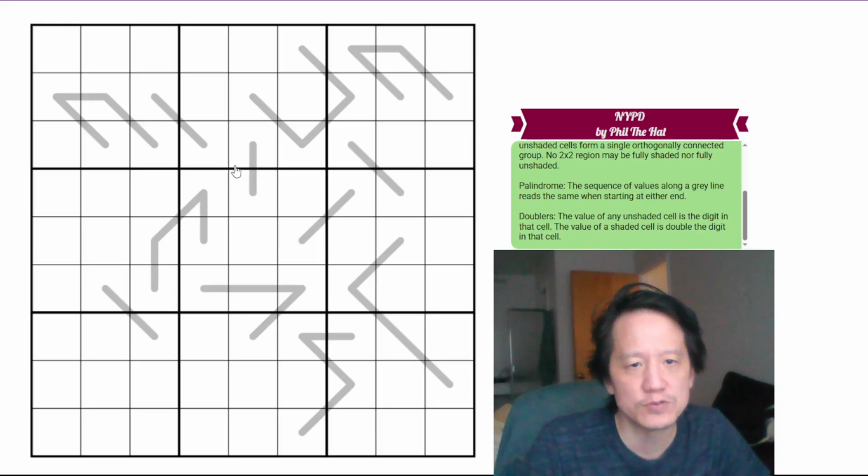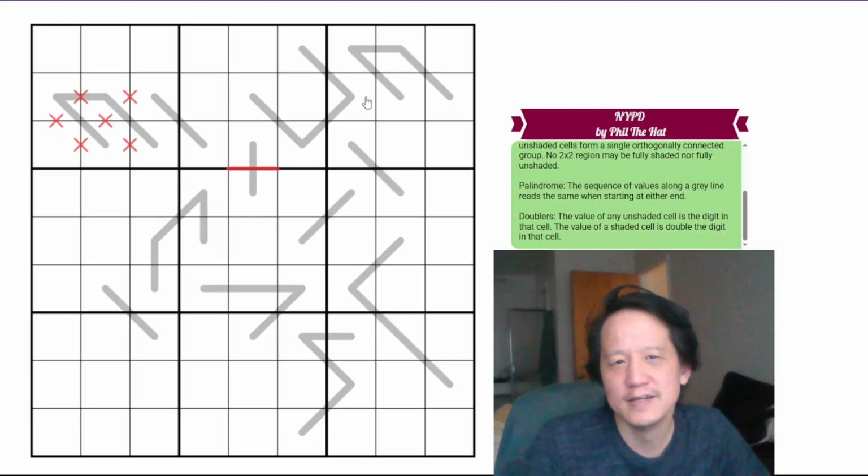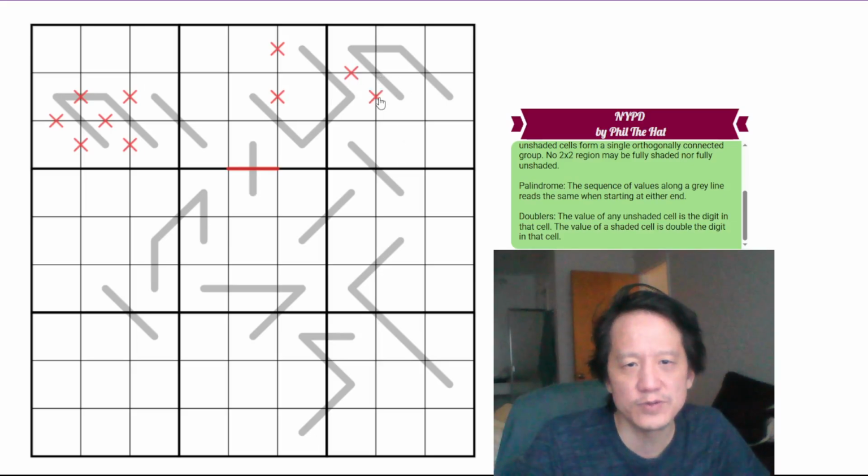Let's mark those as red. It's going to be hard to mark these. Let's mark these spots. These spots also. So these two are the same value, but they're different shadings. Same with these.